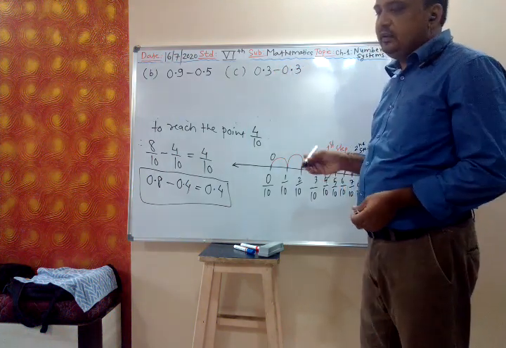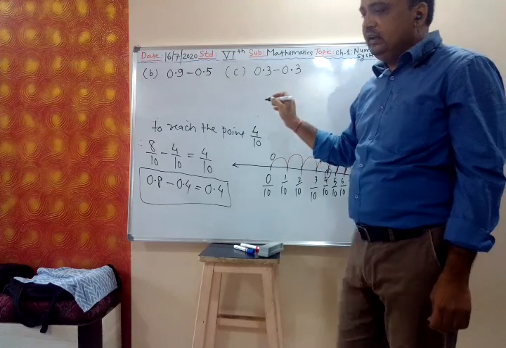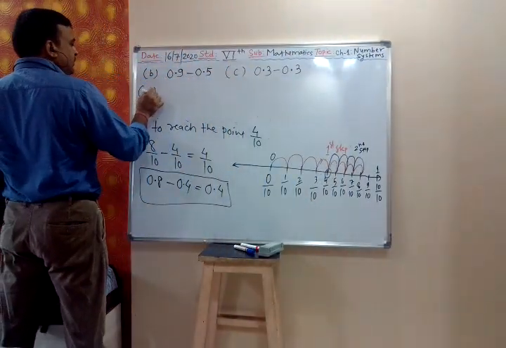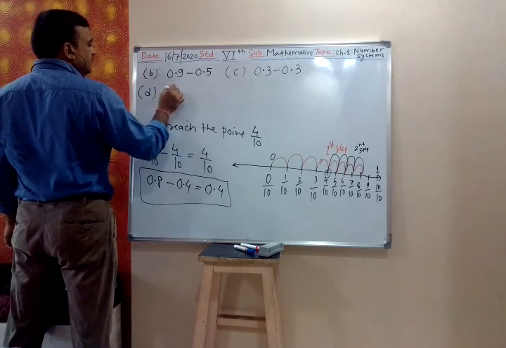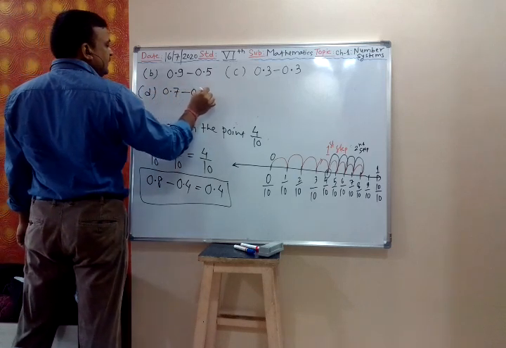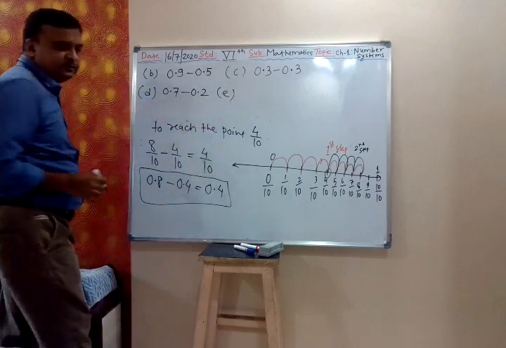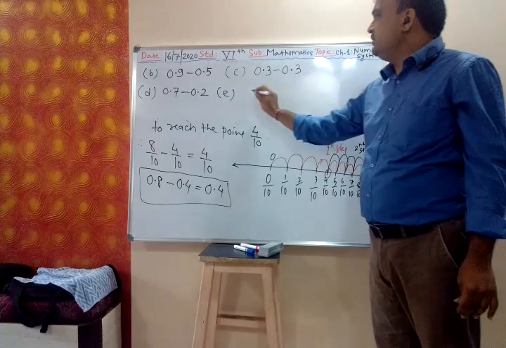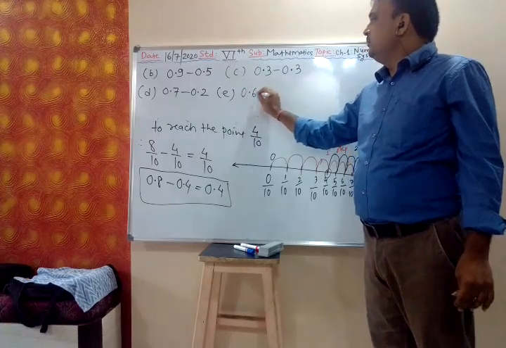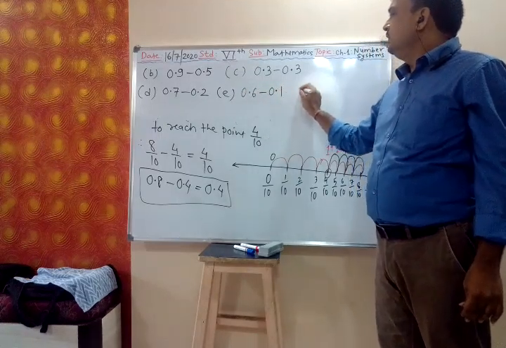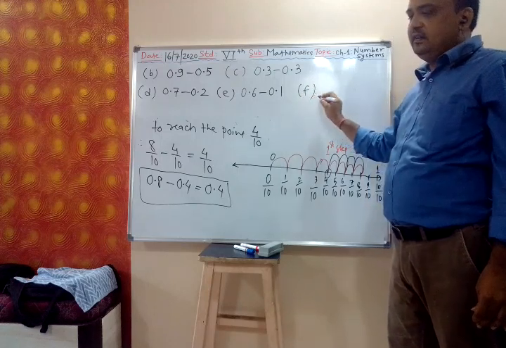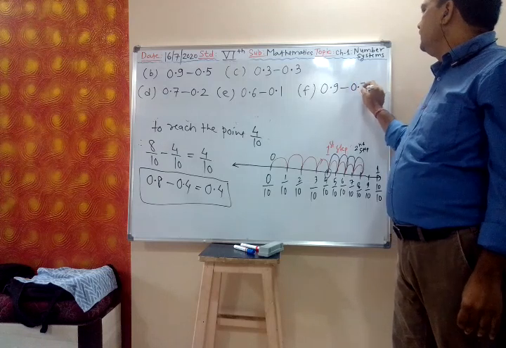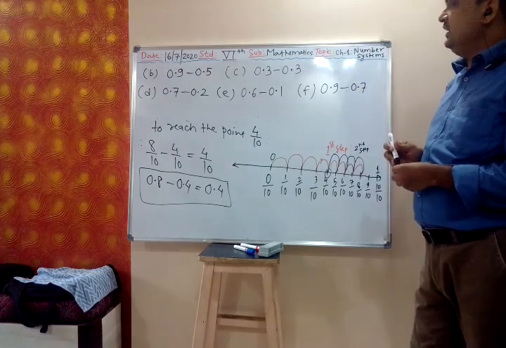D is 0.7 minus 0.2. E is 0.6 minus 0.1, then F is 0.9 minus 0.7. So B, C, D, E, F.